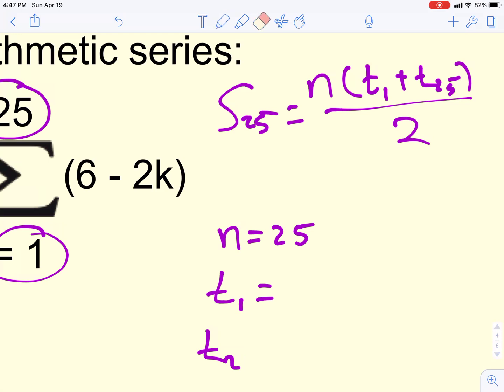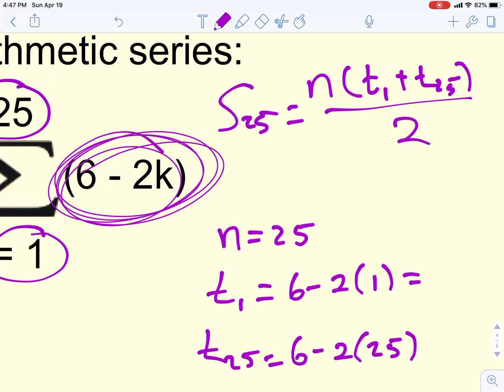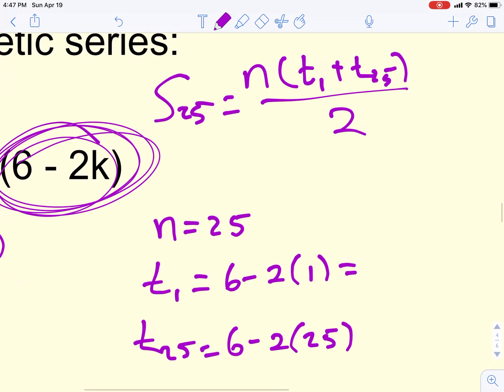But what we do have is our explicit formula right here. So we're going to plug in 1 to find the first term. And then we're going to take that same formula and plug in 25 to get the values that we need. So when we go through and do the math, we're going to get 4, and we're going to get negative 44.